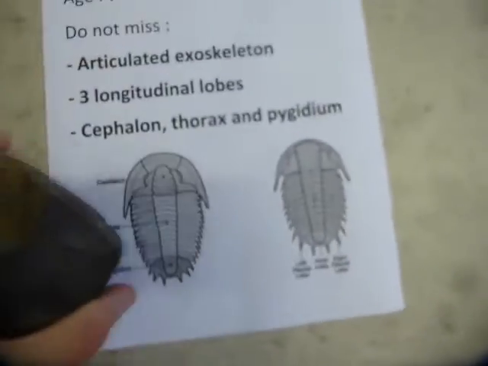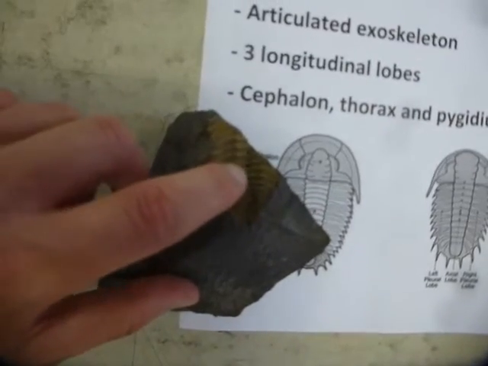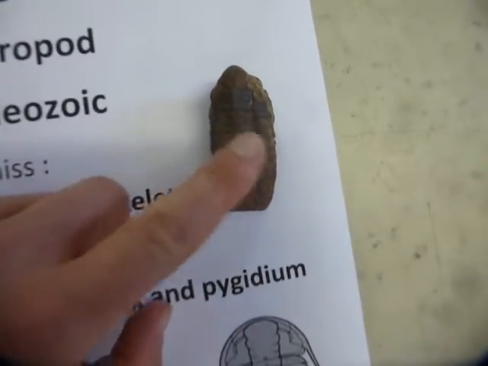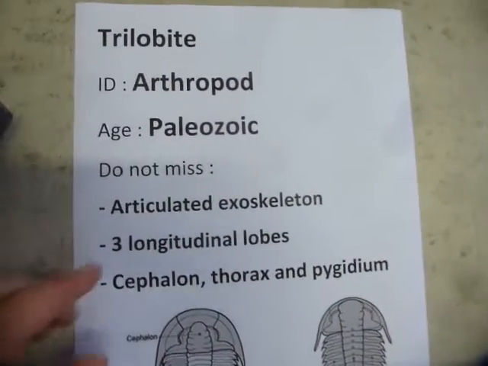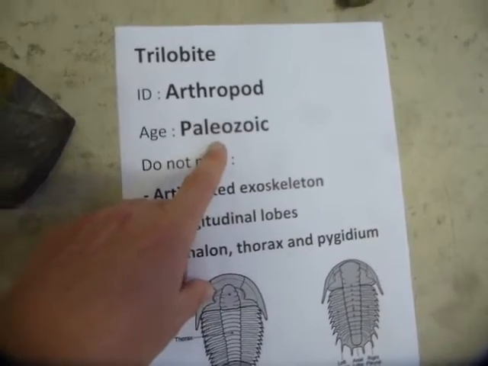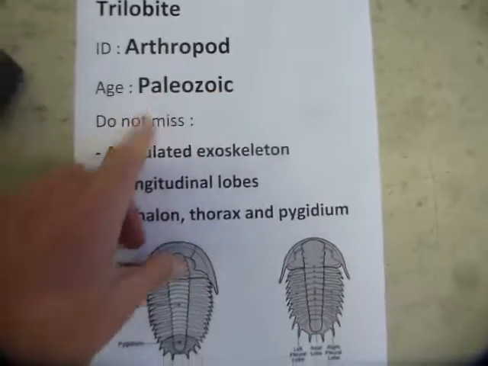And here you can see that organization very clearly on that fossil. And there's another example right here. We find a lot of them in South Africa, so it's a very important fossil to know. It's also a very important fossil because they are very abundant in the Paleozoic, so it's a marker for the Paleozoic era.